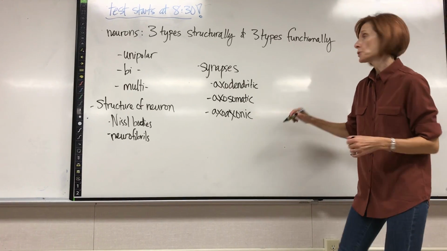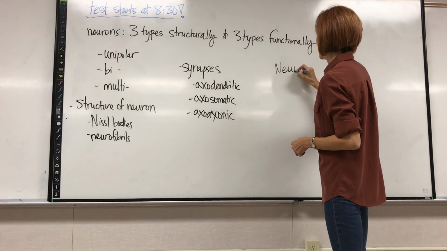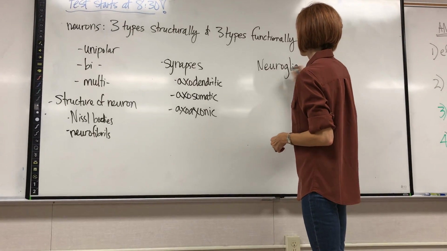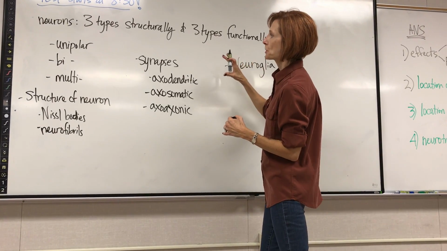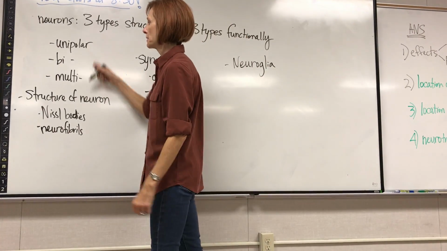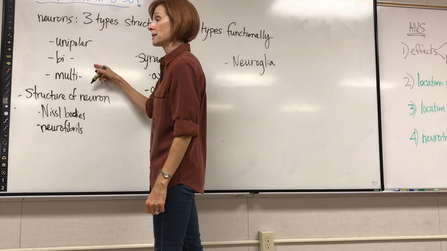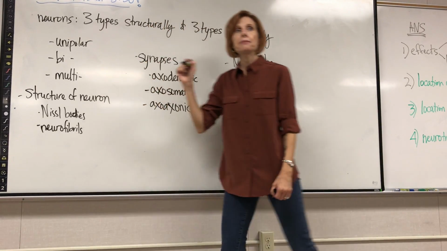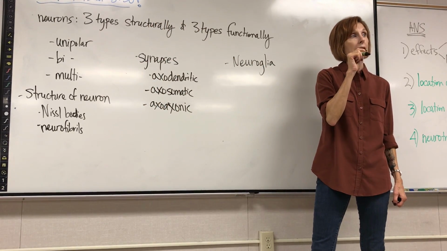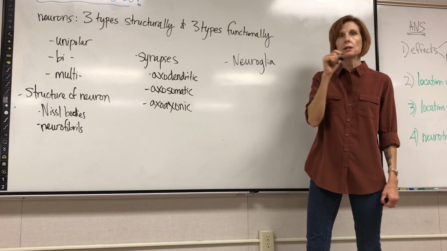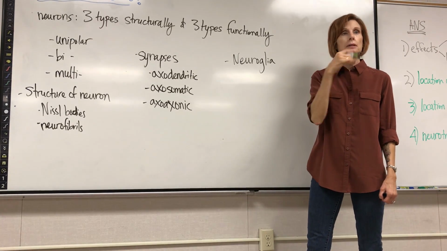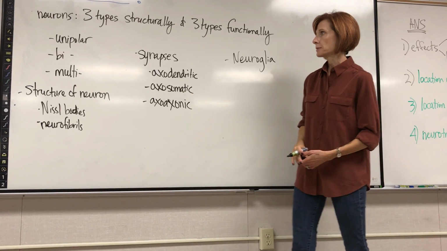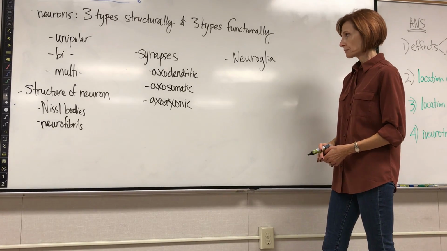Okay, and then we moved on to neuroglia. So for the different neuroglial cells, you want to be able to identify these. Also, you guys, let me backtrack just for a second. I will ask you to identify the different types of neurons based on their structure. Remember, you have a picture of each of those in chapter 14, so you should know what they look like and be able to identify their processes, the axon and the dendrite or dendrites.